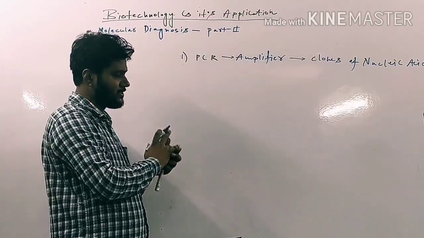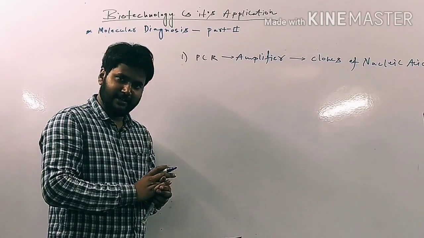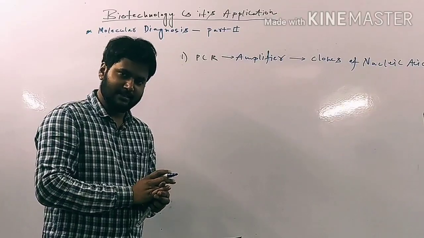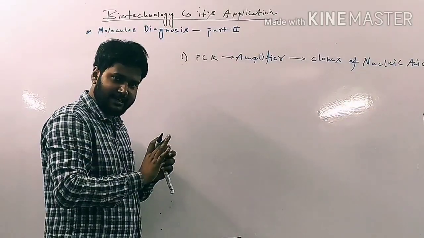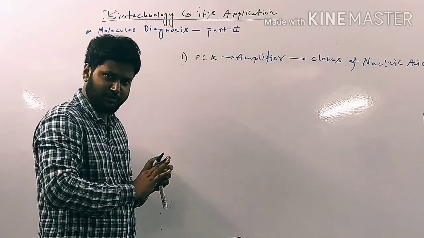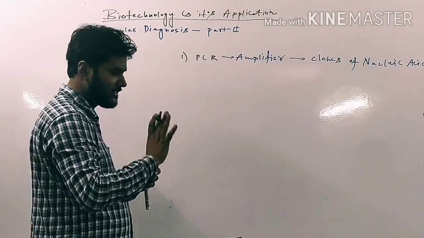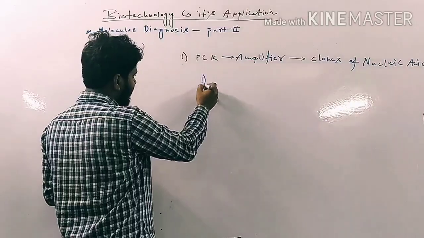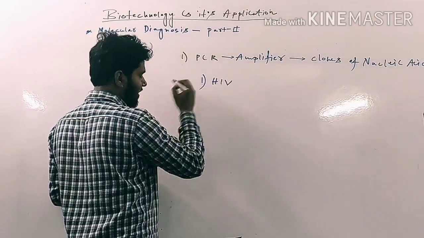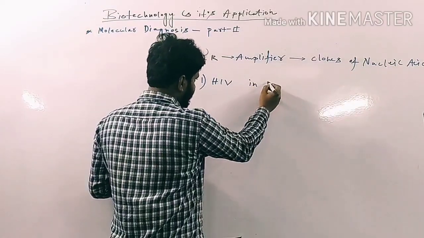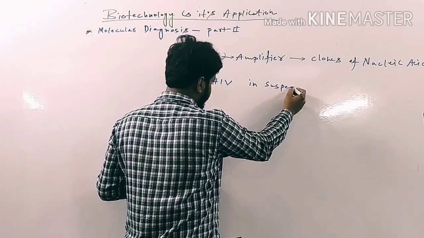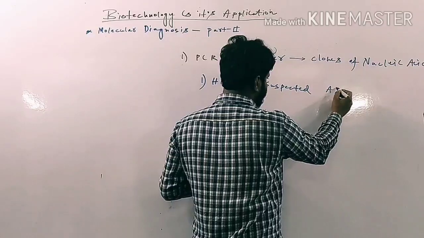So PCR helps us in detecting all those diseases. How? First let us see in which cases PCR is mostly used. The use of PCR is very famous in HIV virus detection in a suspected AIDS patient.